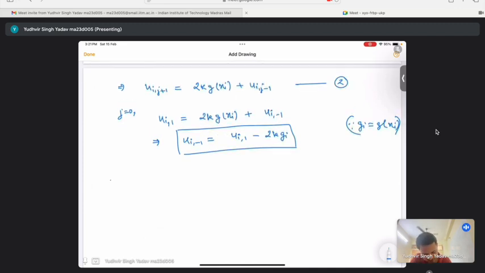As I have said, now let us put j equals to 0 in 1.